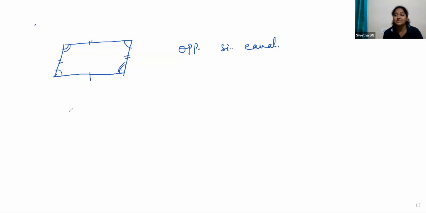Then what is the sum of adjacent angles in parallelogram? Ma'am, I think 180. Very good. Yes. For example, adjacent angles means what? Having same, for example, A and B are called adjacent angles. A and D are adjacent angles.